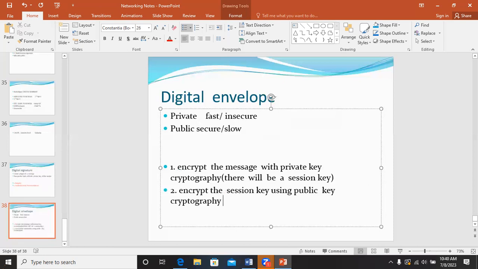We will now use public key cryptography, for example, to encrypt the session key with the public key of the receiver.